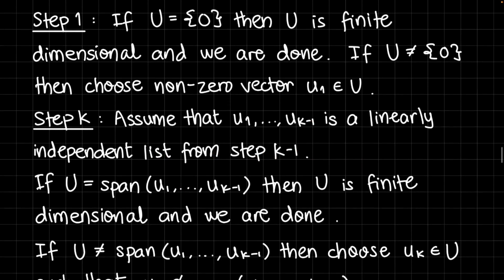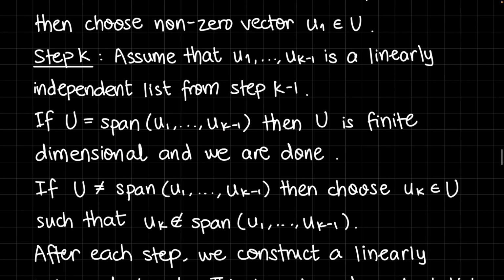Fair enough. Then if U equals span of u1 through u(k-1), if U is spanned by that linearly independent list, then U is finite dimensional and we're done, right? Because k is finite. A list of finite size spanning U means U is finite dimensional.